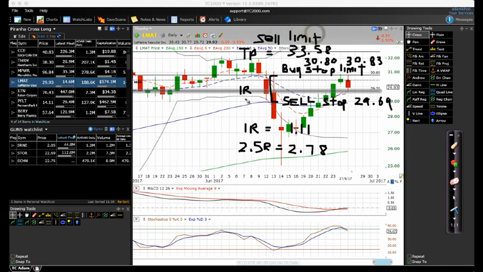All right? So I've got my entry price, my stop loss price, and my target price. So if it goes to 33.58, it will sell, and I'll take profits and get 2.5R. If it hits my stop loss, I'll sell at 29.69 and take a minus 1R loss. All right? So this is a valid trade, LMAT.